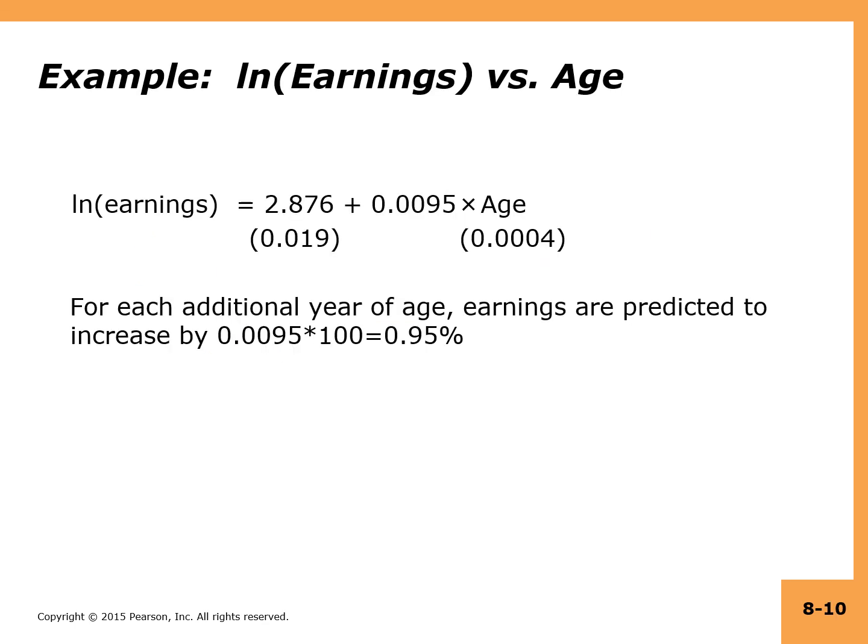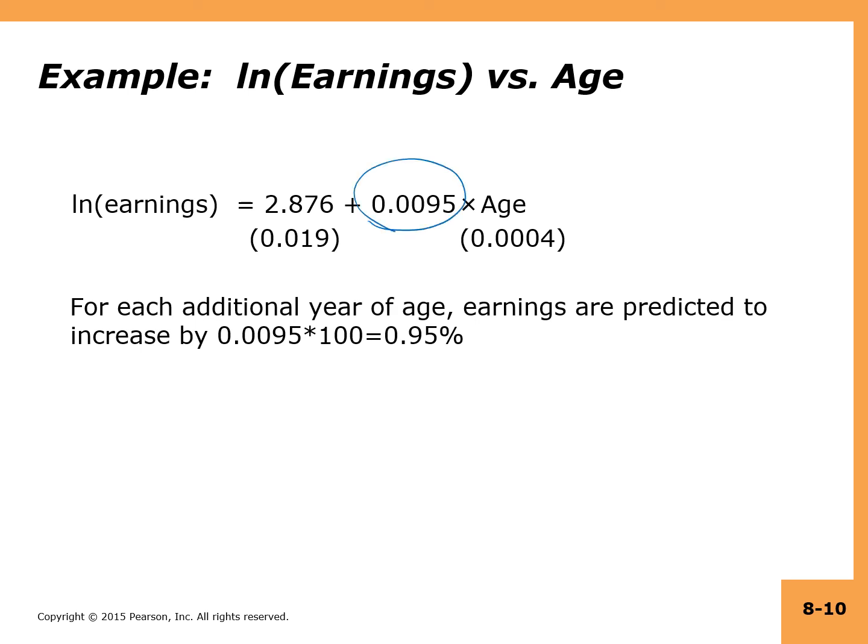Let's look at an example of the relationship between earnings and age. Let's say that we believe there's some sort of nonlinear relationship between earnings and age, and so we log transform the earnings and run an OLS regression against age, and we get this coefficient 0.0095.